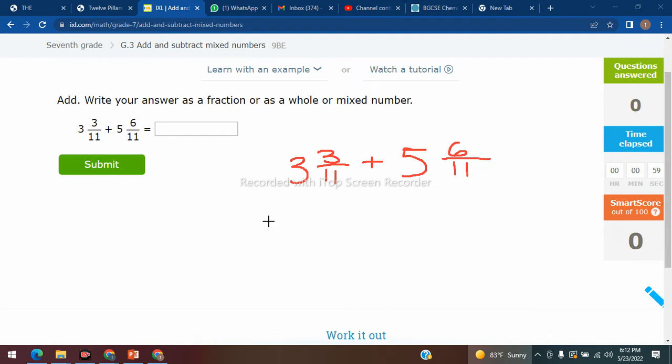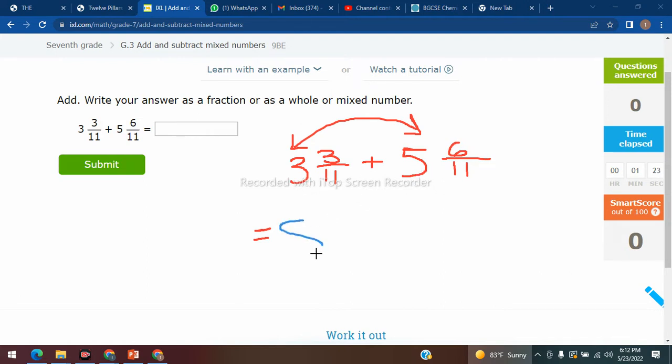Well, there are multiple ways to do this, but I'll tell you the easy way that I think. For this one, you want to add the whole numbers first. So 5 and 3 is what? 5 plus 3 is 8.